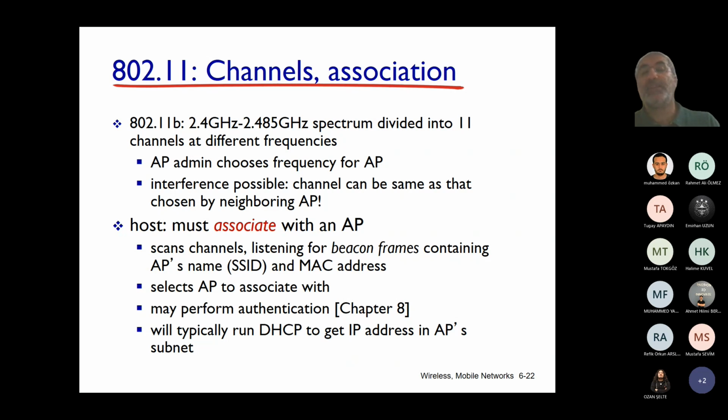First of all, it scans channels and listens for the beacon frames that are broadcast by access points, which include the access point name, SSID, and the MAC address. So we scan channels in the smartphone and come up with a list of Wi-Fi access points, right? We select one of these access points to associate with, and then they may ask for the authentication password and so on. Then we run DHCP to get an IP address and then connect.